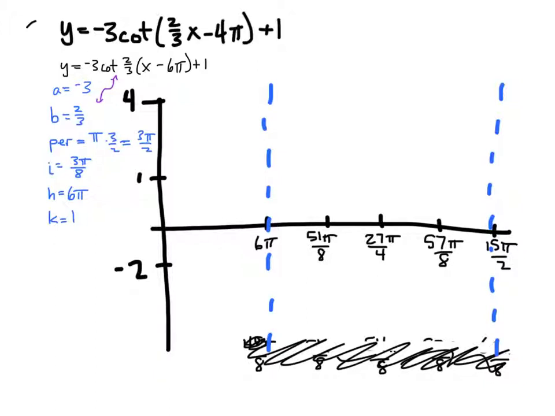This graph is going to increase since it's a negative cotangent. So I just go to my middle 3 points. 51 pi over 8, negative 2. Careful not to put the next one on the x-axis. It needs to go 27 pi over 4 and 1. 57 pi over 8, 4. Draw my curve through. And that's the cotangent function.